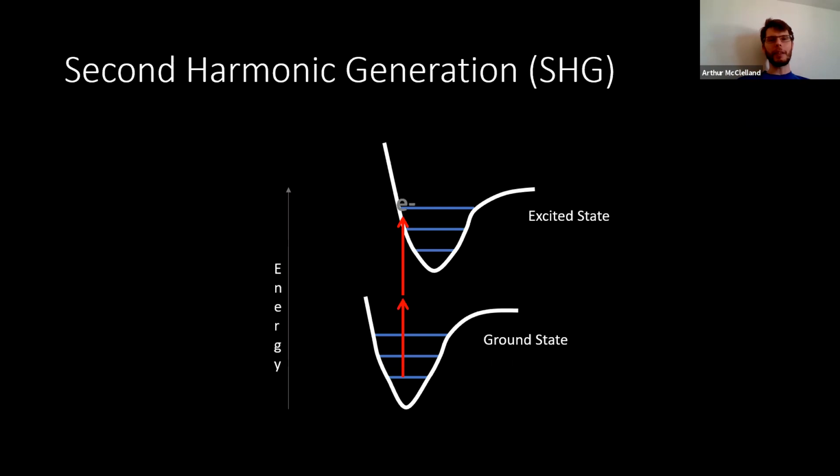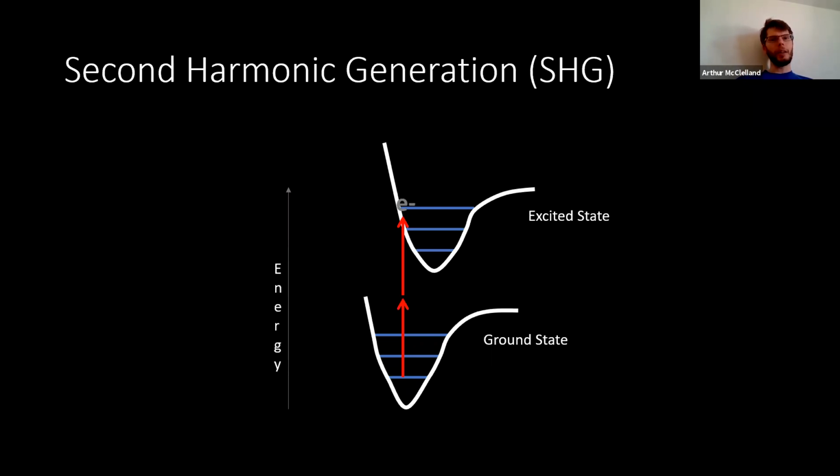Then the probability of this happening suddenly becomes finite, and it actually occurs. You get two photons coupling into the system, and they can jump across the bandgap by absorbing two photons simultaneously. It's just the challenge is getting the two photons simultaneous. They need to be there in time and space at the same time.